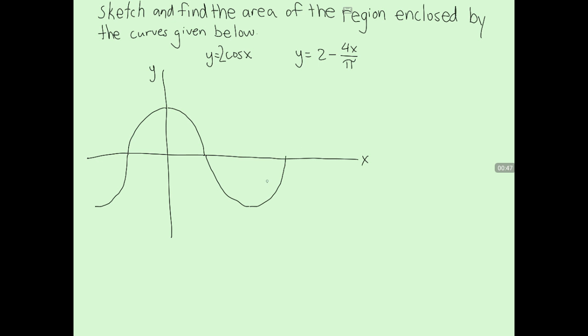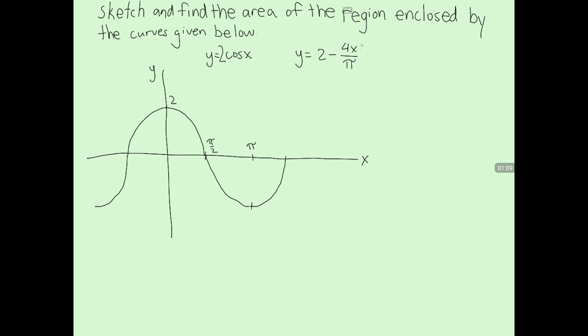It's going to be something like this, and it's going to continue waving up and down. We know that this value is 2 right here, y equals 2. And right now we'll specify this as pi over 2. We know that this is pi, and so on.